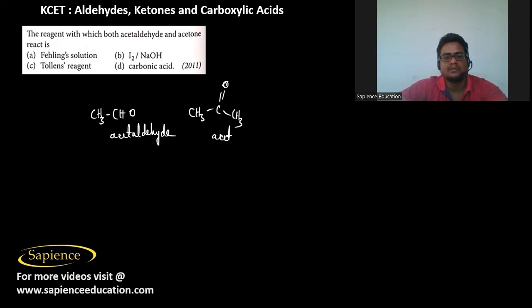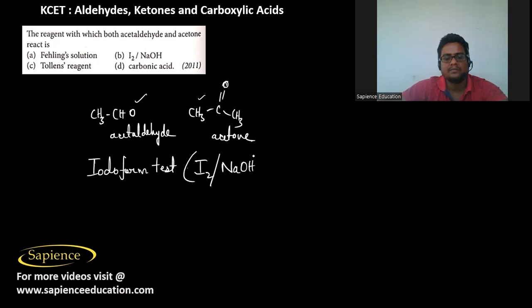So the reagent with which both will react will be the alkaline solution of iodine, which is called the iodoform test. So they both will give the iodoform test, which is the alkaline solution of iodine.